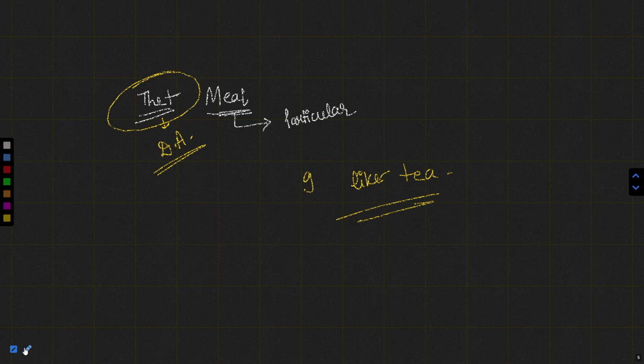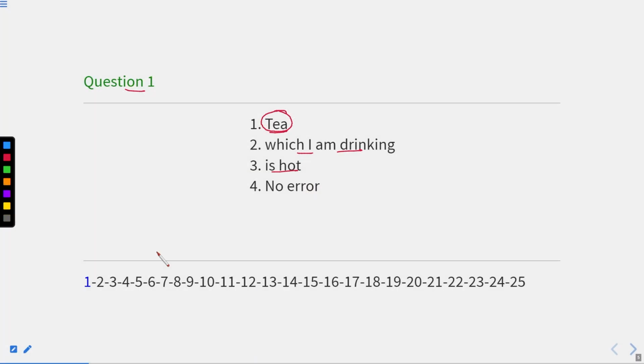Otherwise, we need not put any article before the name of any food item or the meal. Now here I'm relating this tea to a person, that is I. The tea which I am drinking, it means I'm talking about only that particular tea which I am drinking. So before this tea I need to put the.